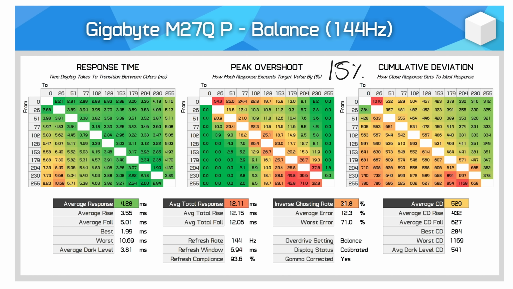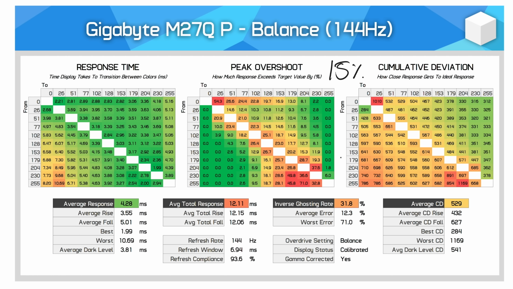So for the inverse ghosting rate, let's have a look at all 110 transitions in the heat map chart and find the transitions where the overshoot level exceeds 15%. You'll see for this monitor, there's a lot of them, like here and here and here, and these ones here, there's a few here, a lot of these. But we're not going to include the ones below 15%, because those values aren't going to be particularly noticeable.